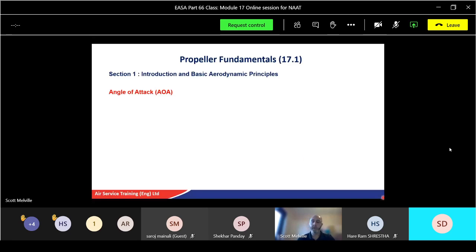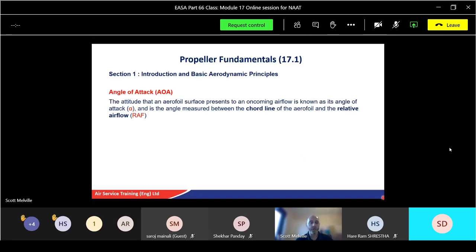Angle of attack applies exactly the same to a propeller blade as it does to an airfoil on a wing. So angle of attack, or AOA, is the attitude that an airfoil surface presents to the oncoming airflow, and is known as its angle of attack, represented by the symbol there. It's the angle measured between the chord line and the relative airflow.